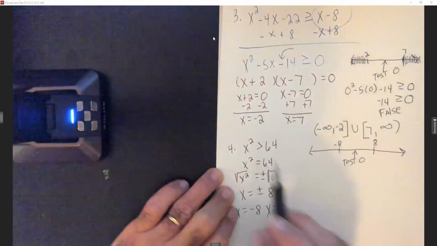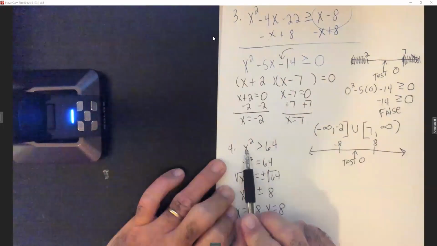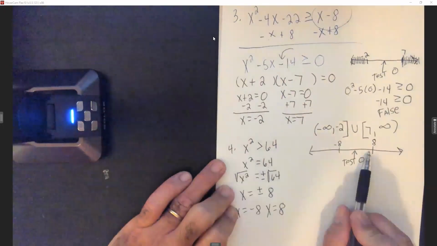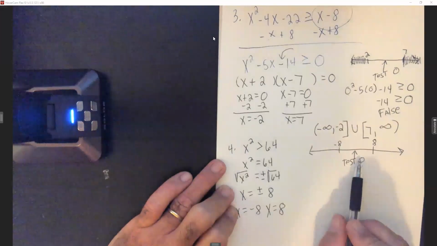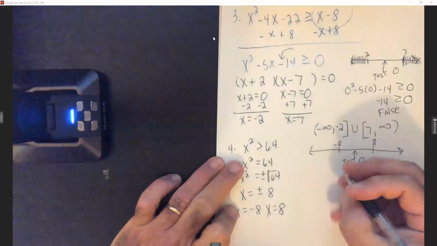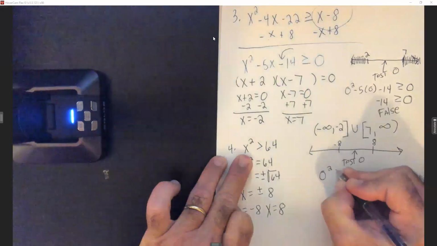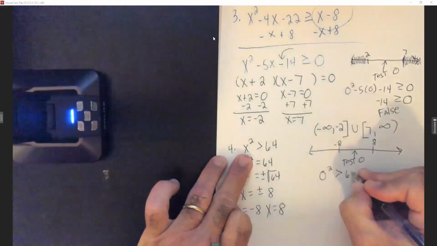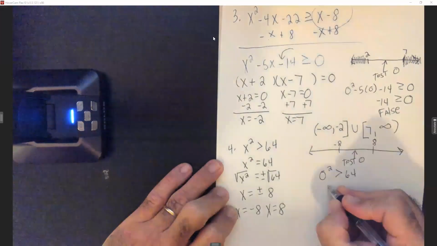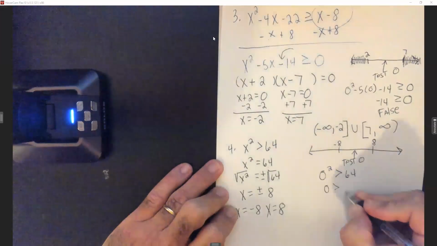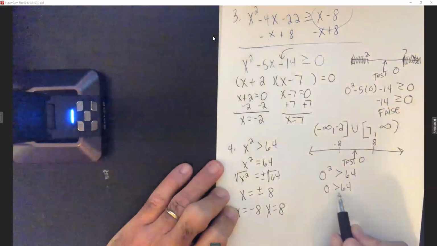So if we test our 0 here, true, we shade. False, we shade the outsides. So the question, is 0 squared greater than 64? No, because that means 0 is less than 64, not greater.